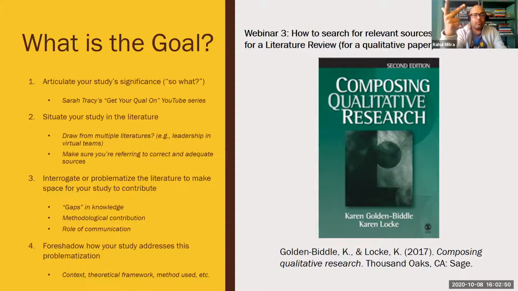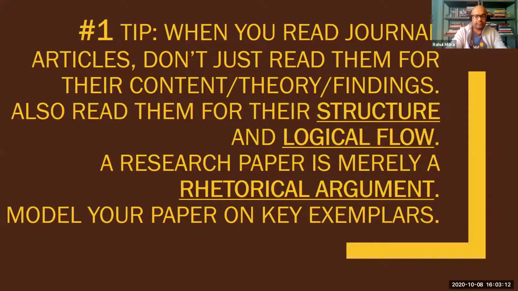So how has the literature addressed a particular issue, and what is the space that your study will contribute to? And number four, to start foreshadowing what exactly this contribution is going to be and how you will make it. Those are the four goals of a literature review. So how do you accomplish these goals?